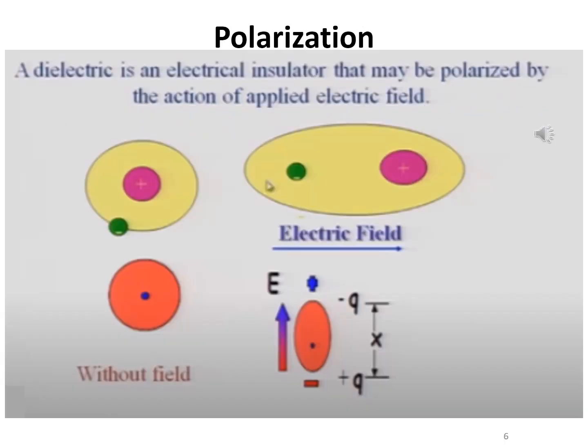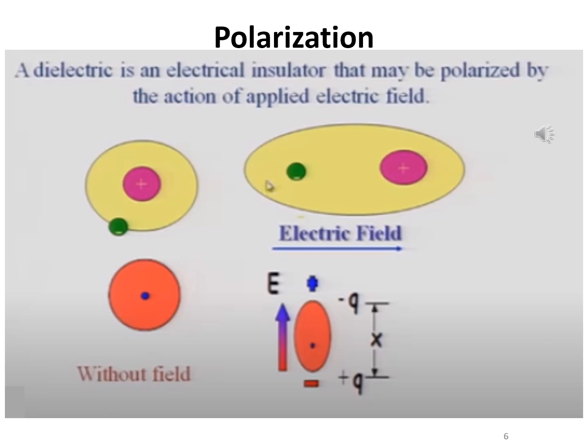In this figure, if you look at the material, you can see that it has positive and negative charges associated with it. If you apply an electric field, then these positive and negative charges can be separated. This is a kind of polarization. We can say that the material has been polarized.